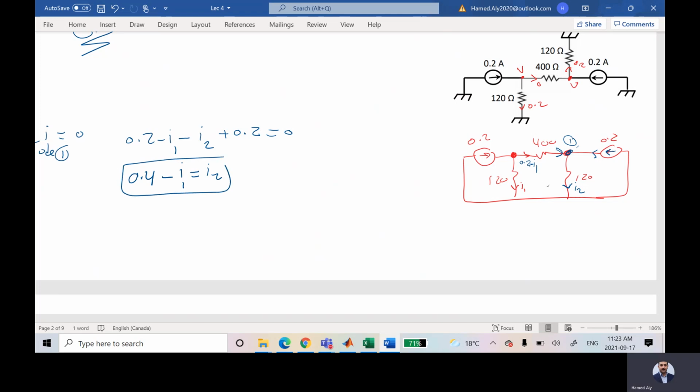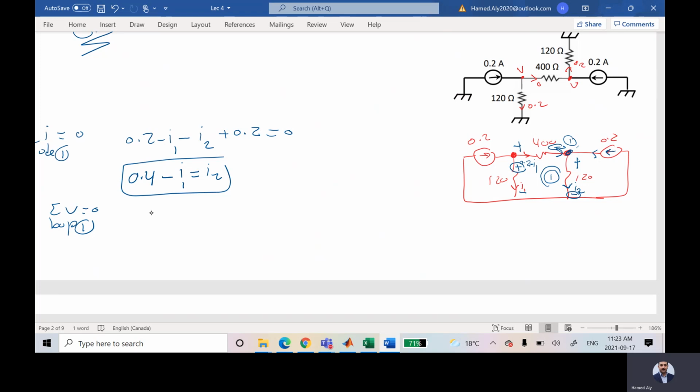Can I say summation of the voltage for this loop is equal to 0? Summation V equals 0 for loop 1. Now let me put my signs. Positive, negative, positive, negative, positive, negative. Am I right? I will keep the second sign.